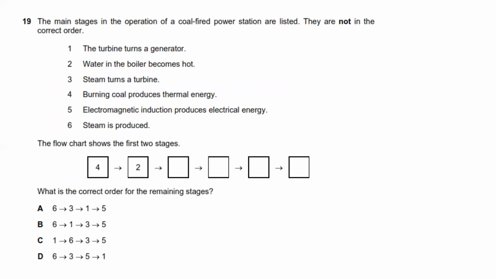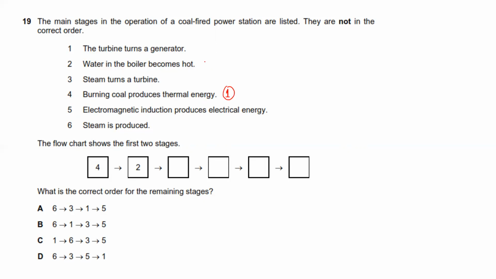Next question. Question number 19, it says the main stages of operation of a coal power station are listed. They are not in the correct order. So 1, 2, 3, 4, 5, 6 are listed. The flow chart shows the 2 stages. So first stage, number 1, burning of coal produces thermal energy.